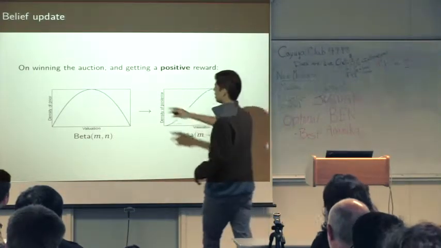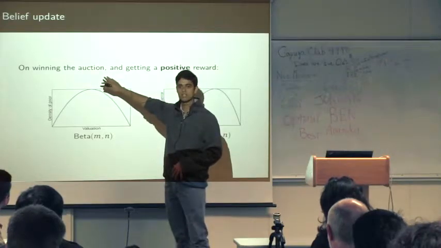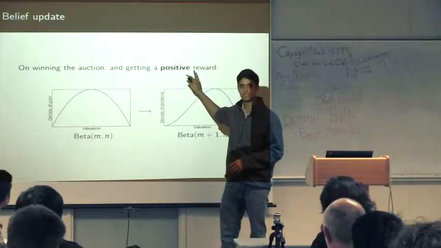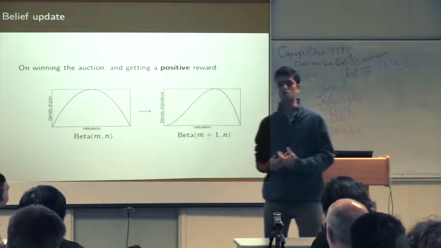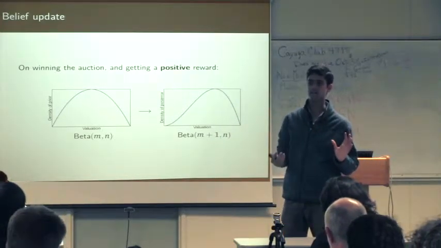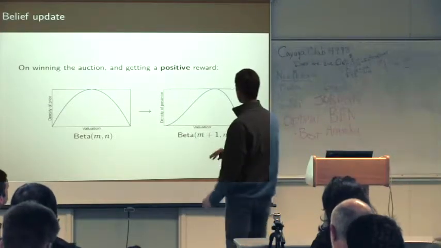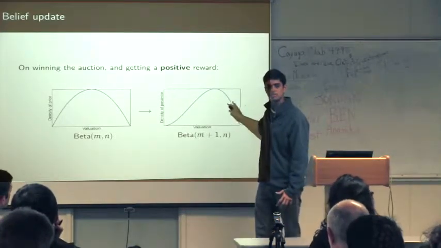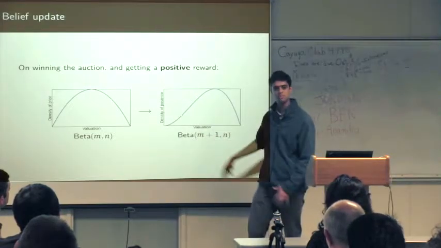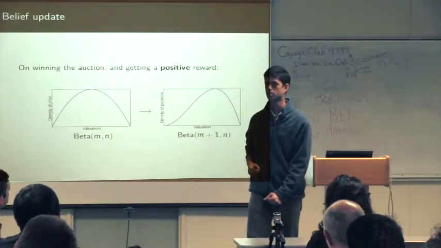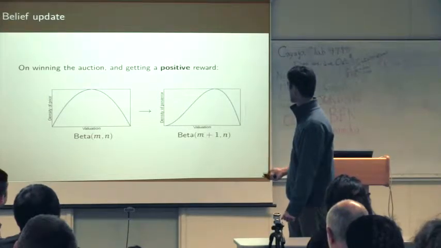Secondly, the participating agent might win and then get a positive reward. In this case, the agent becomes more optimistic about their value, so they update their beliefs in this manner, where you put more weight on the higher values, and this can be represented by a beta distribution where the first parameter increases by 1.